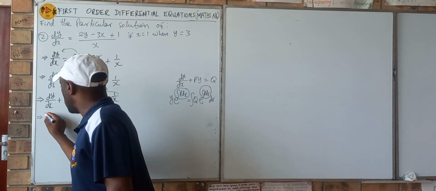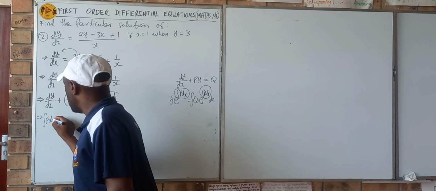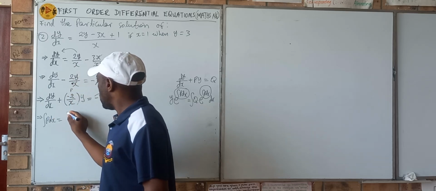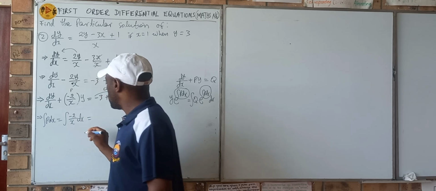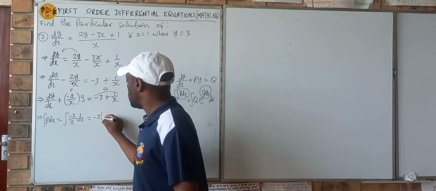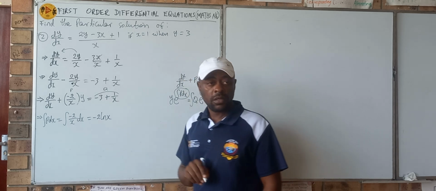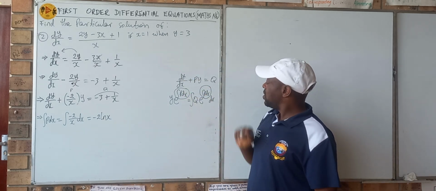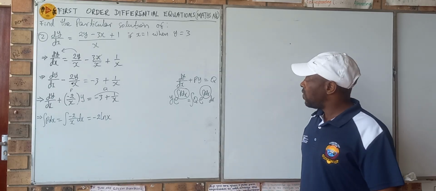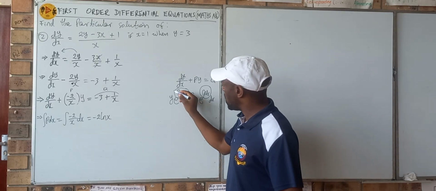This therefore means that the integral of p dx will be the integral of negative 2 on x dx, which will simply give me negative 2 ln x. So that means I'm done with that exponent. Then from that exponent I cut to the next bit.